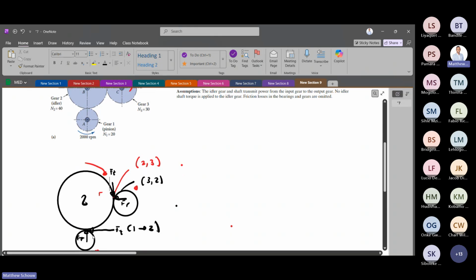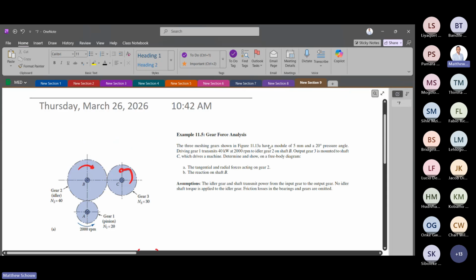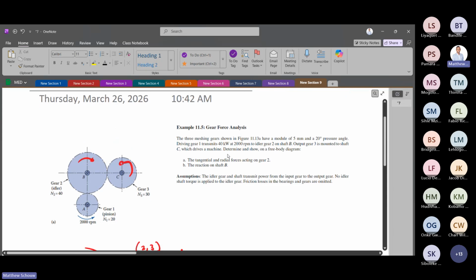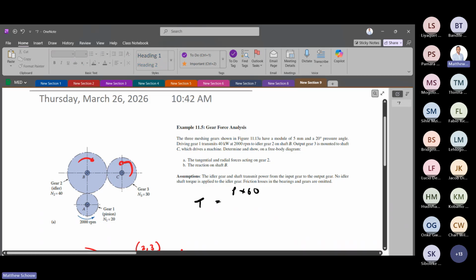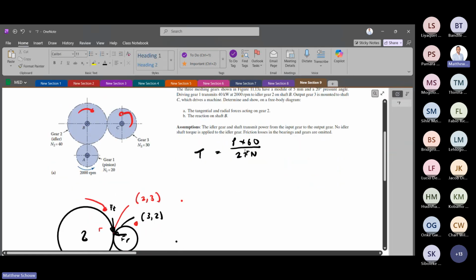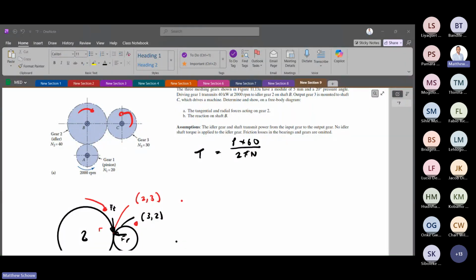Let's start with gear one. This gear one was given, and here they give us the torque. So from the torque, let's compute this over here. P equals 2 pi N over 60, 2 pi N. From our torque, we can then use our newfound equations, if you guys remember them, to find all the other forces.